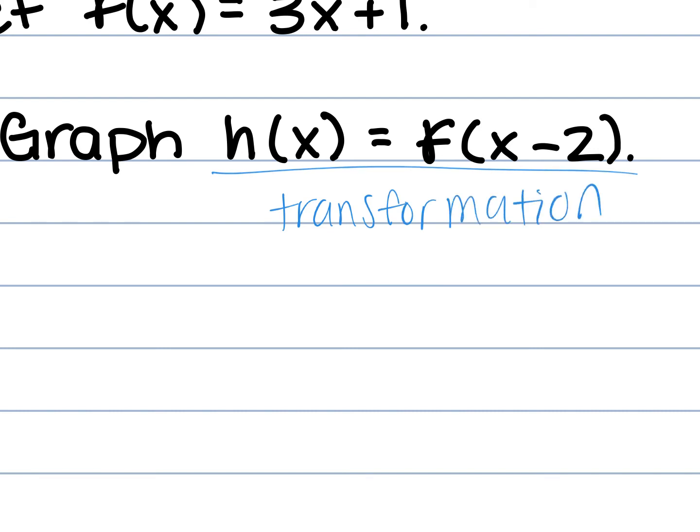All right. Who thinks they can answer all 3 of the questions? Matthew? Wait, all 3? There's only 1. But all 3 questions about the transformation. What kind of transformation is it? It's horizontal. Very good. Why? Because of the parentheses. Okay.